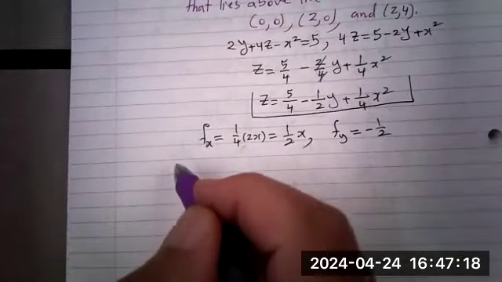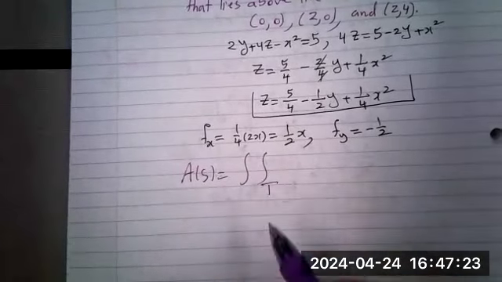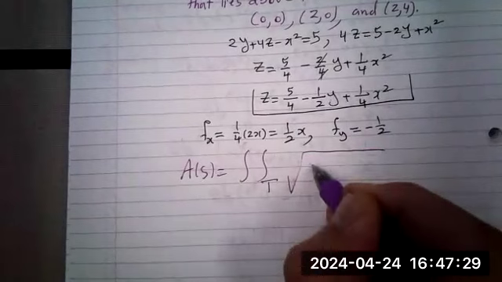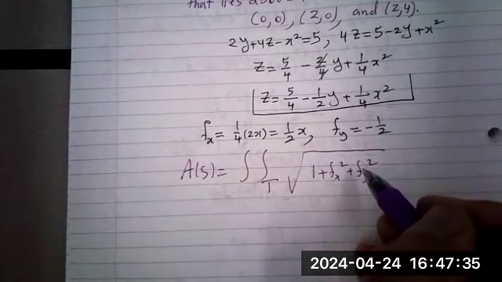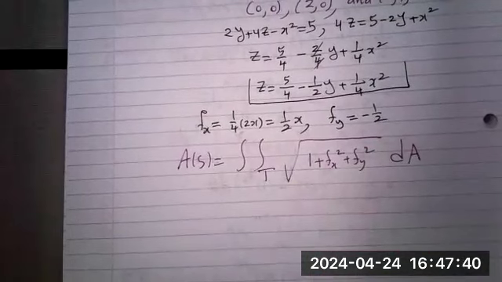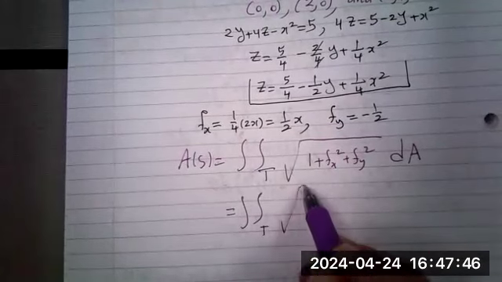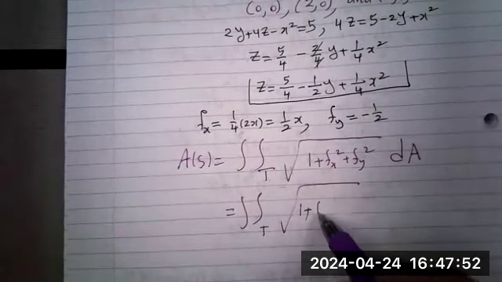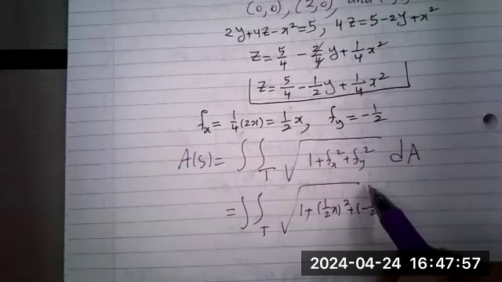Okay, so the surface area formula, A of S is equal to the double integral over the region. Region is a triangle. Okay, the triangle of the square root of 1 plus f sub x squared plus f sub y squared dA. So you bring this to see what the situation is going to be. It's going to be 1 plus, substitute, 1/2 of x squared plus -1/2 squared.